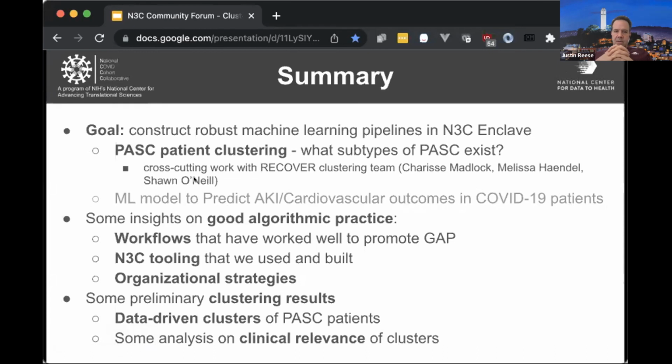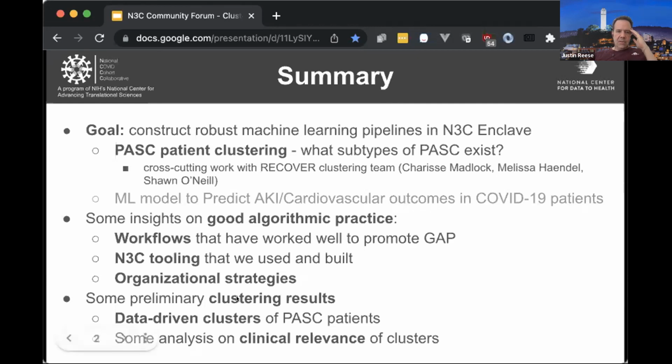And specifically, workflows that have worked well to promote good algorithmic practice, and also maybe some even more practical advice about the N3C tooling that we've used for this, and sort of the strategies for using the different tools that are available in the N3C enclave, and then also some organizational strategies and sort of touch on the socio-technological issues. I think that can inform the way that we approach these problems.